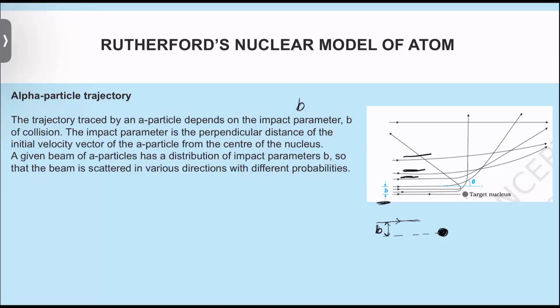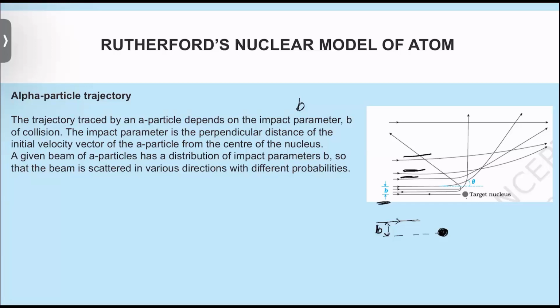Suppose you take a beam of alpha particles and let it fall onto the thin gold foil, as in that experiment. The beam will get scattered in various directions. Here we are only considering one target nucleus and a beam of alpha particles.